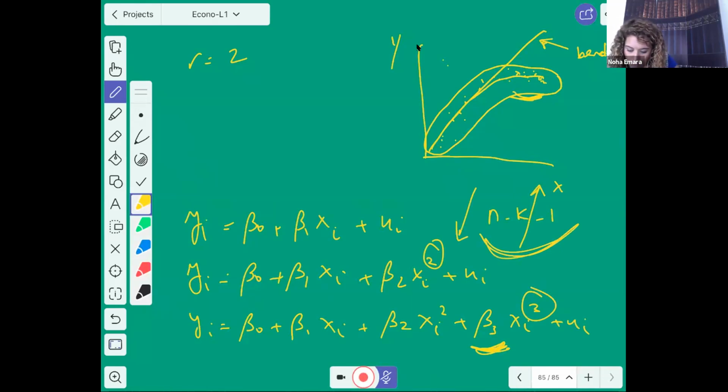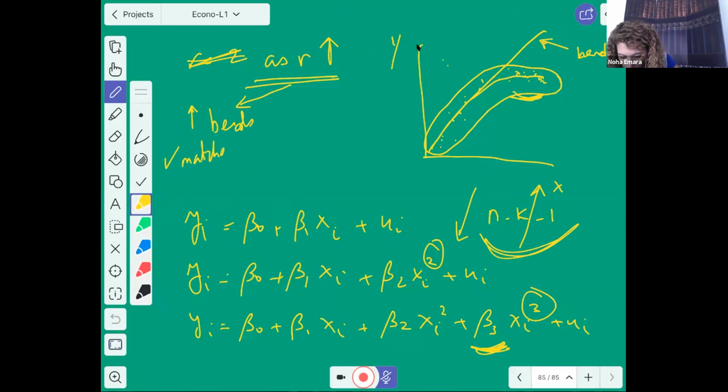So as r increases, or as you add more and more bends to the line, it increases the bends in the line to match all the points of the true population, which is good because it matches the population scatter plot. However, it's bad. So this is a positive effect and this is a negative effect, because we're losing degrees of freedom.